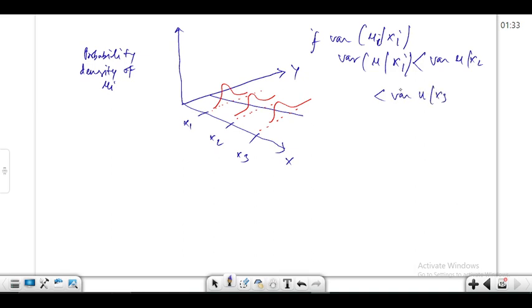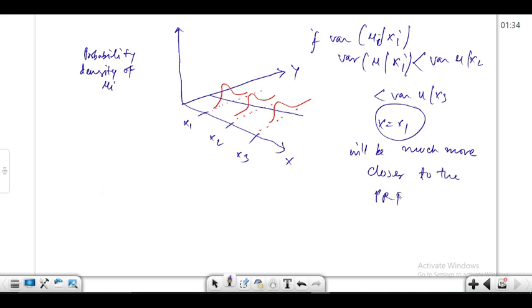If this is the case, then the likelihood of y observations coming from the population with x equal to x1 will be much closer to the PRF.